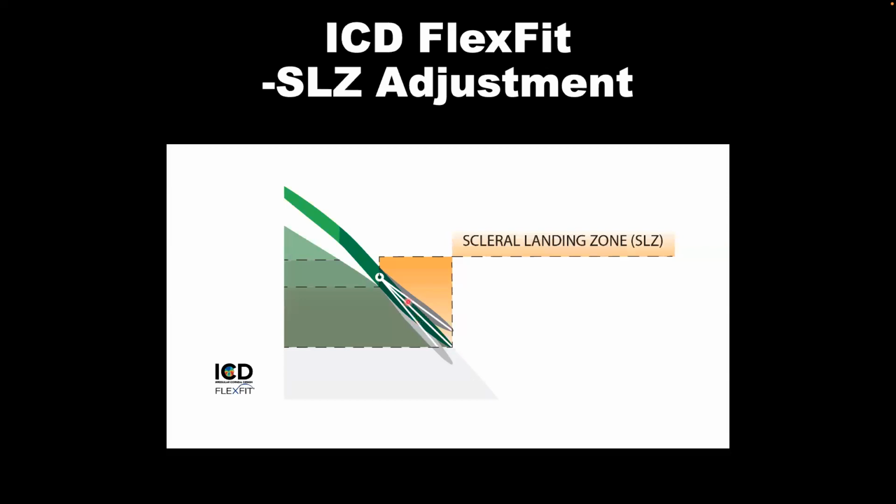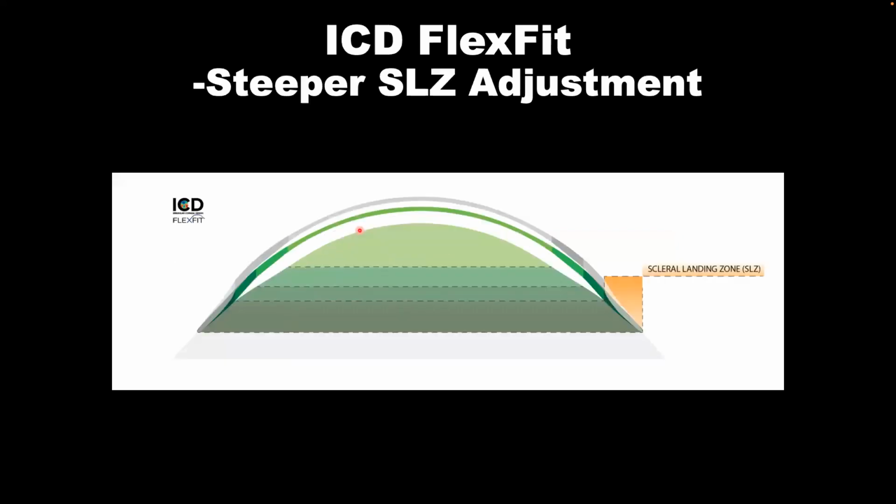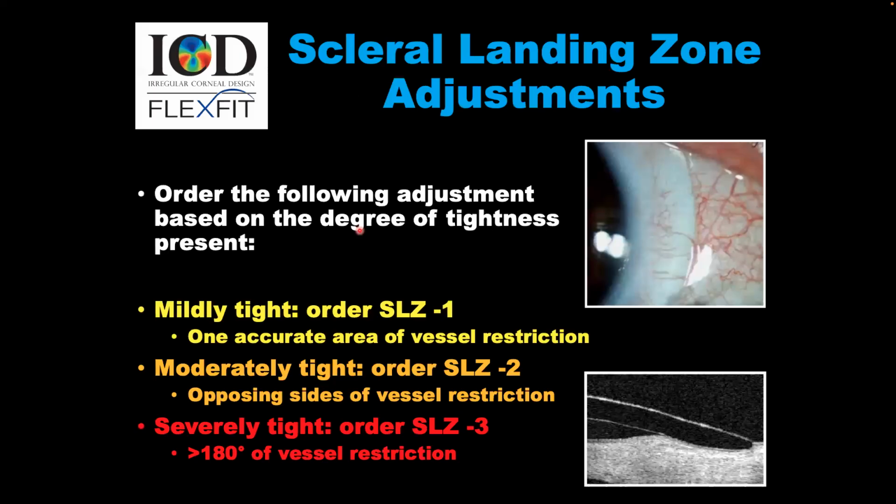So let's say you have edge lift and you want to close that lens, you are doing a plus sign, because you are lowering here and raising the lens in the central area. So just know that whenever you're flattening the scleral landing zone, you are doing it with a negative sign. And whenever you are deepening or closing the scleral landing zone, you're doing it with a plus sign, okay?